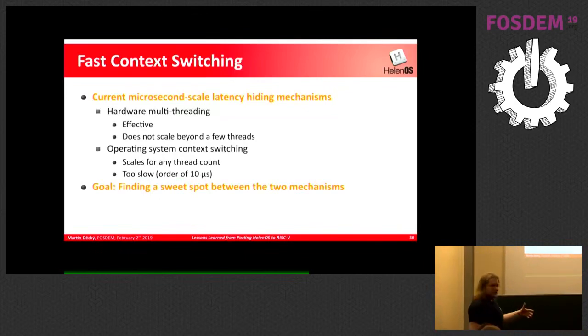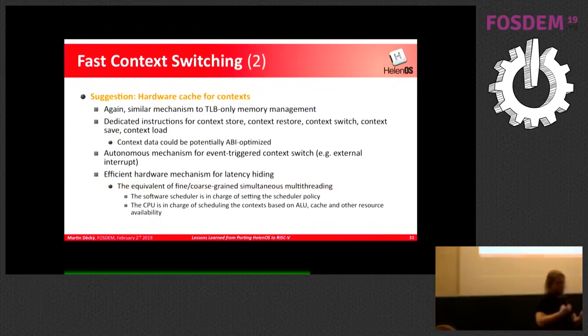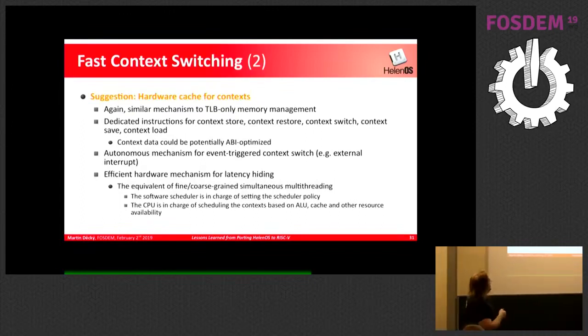So how about finding or designing a mechanism that would combine the benefits of both? Something like a hardware cache for thread contexts that would scale to a reasonable number of contexts, and dedicated instructions to store, restore, and switch those contexts.